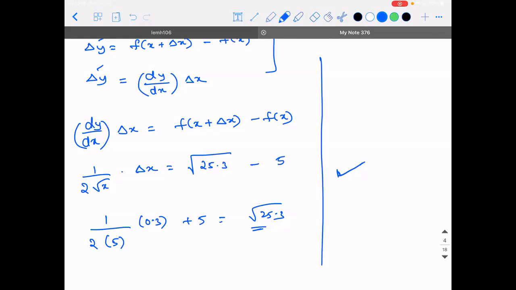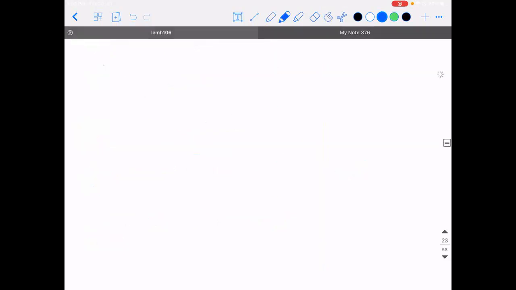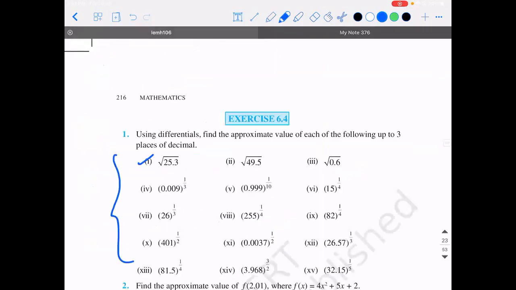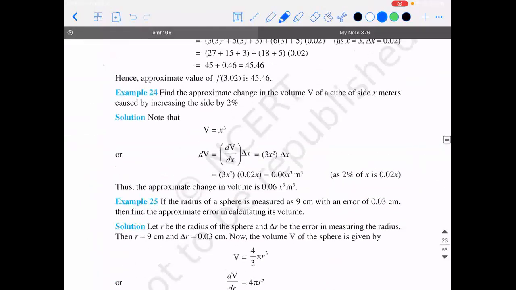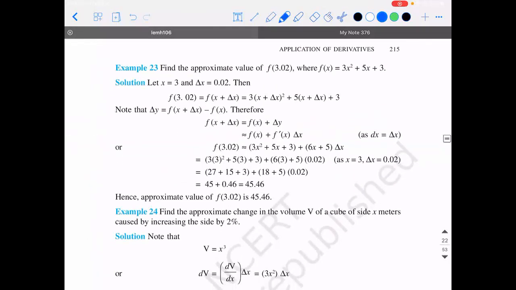Okay. So remaining problems you can try. These problems you guys can try. Okay. Next, we'll do the next set of problems. Find the approximate value of f of 3.02 if the given function is f of x equals 3x square plus 5x plus 3.